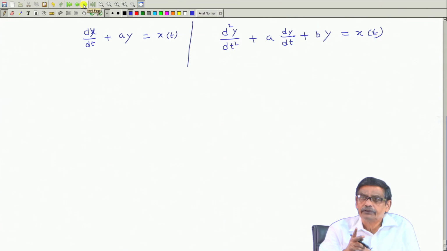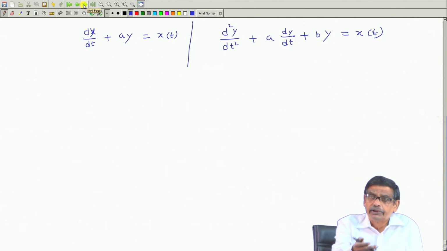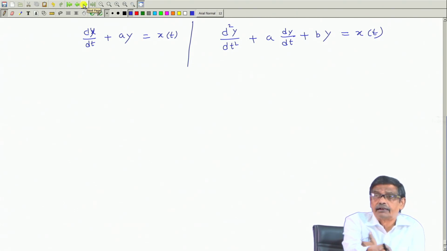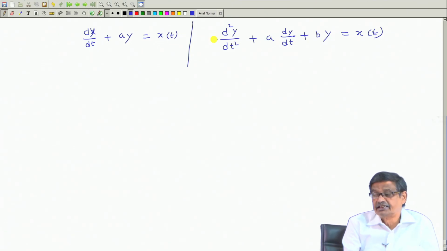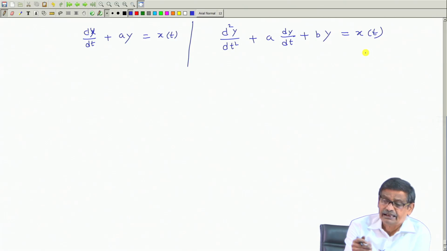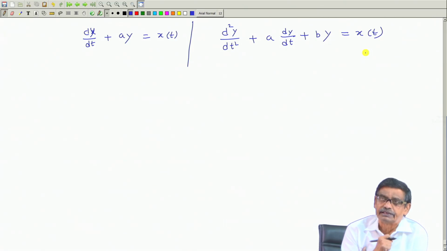One is the natural solution, which depends upon the characteristic root, and exponential terms will be there, and there is another solution which depends on the forcing function, which can be written straight away as k1 x plus k2 x dot plus k3 x double dot and so on. And that way, applying that only, I solved this RL and RC circuit. Now, for a class of x(t), the labor can be further reduced. That is what I am going to tell you, how.